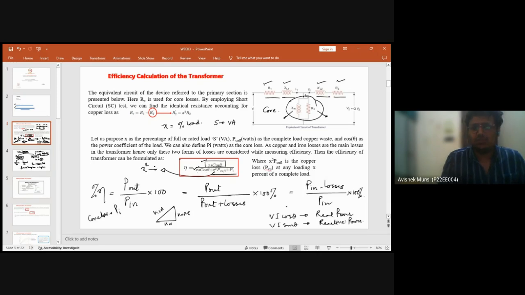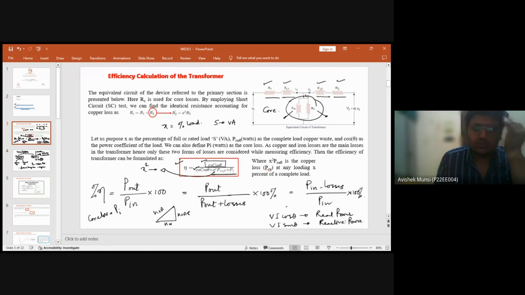Someone asked me before going into this whether it is a full load. In case of efficiency calculation, if our load is decreased, then obviously the current flowing through the resistance and reactance will lessen, and for that reason the copper loss will also change. So finally, please note down the formula, because when I give some problems, you can also participate and answer.